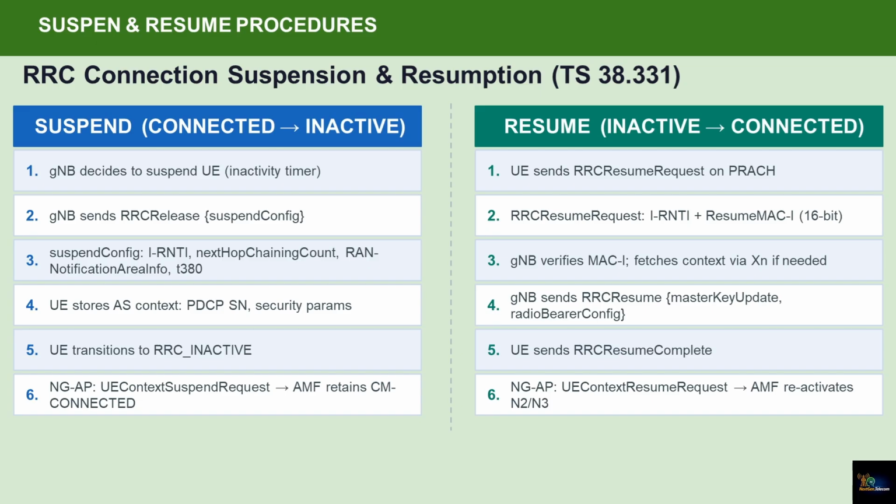Fifth point, the UE transitions to RRC inactive, and over NGAP there is a UE context suspend request, so the AMF retains the connected state.